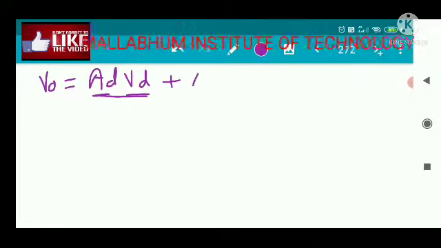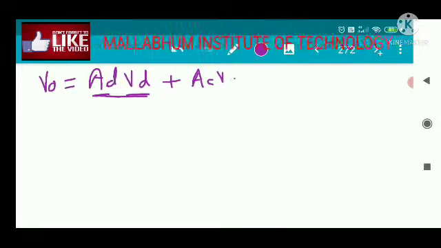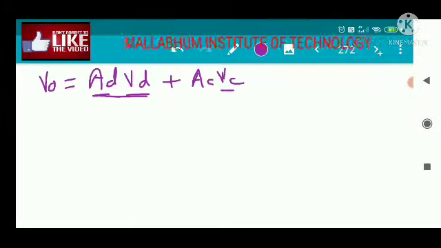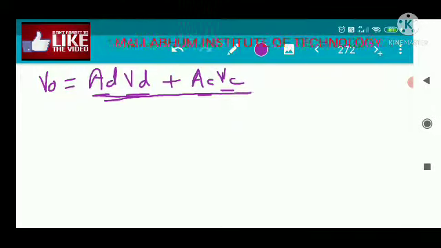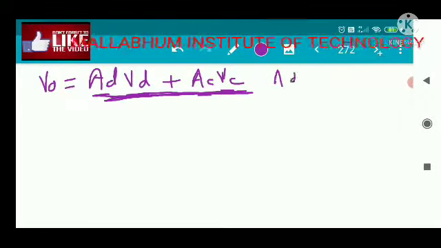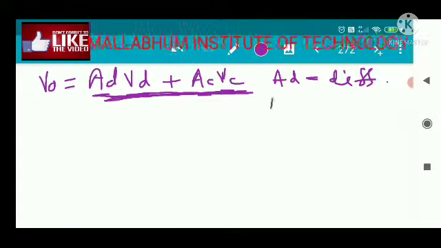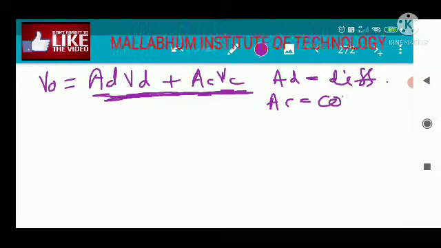That term is your common mode gain and the common mode signal. The common mode signal is your noise signal, and this is the noise signal amplification factor. So the output voltage in the differential amplifier is the summation of these two. AD is the differential mode gain and AC is your common mode gain.